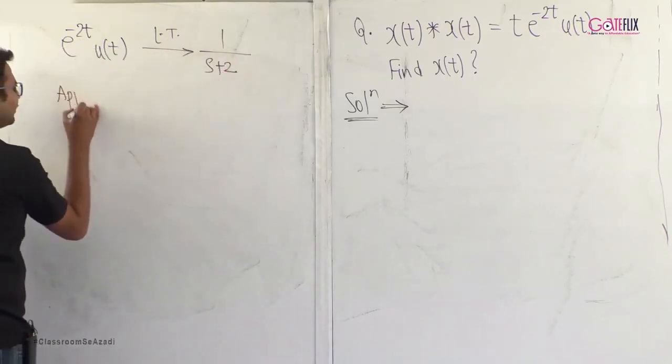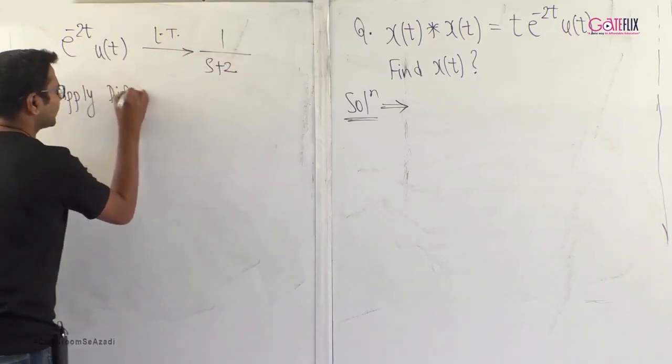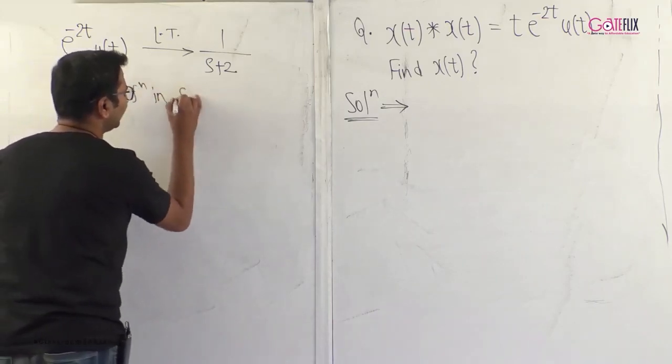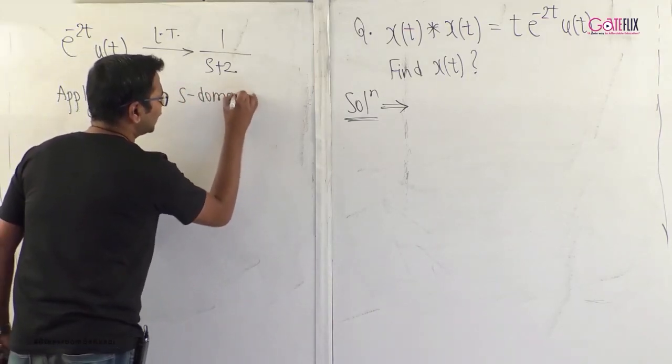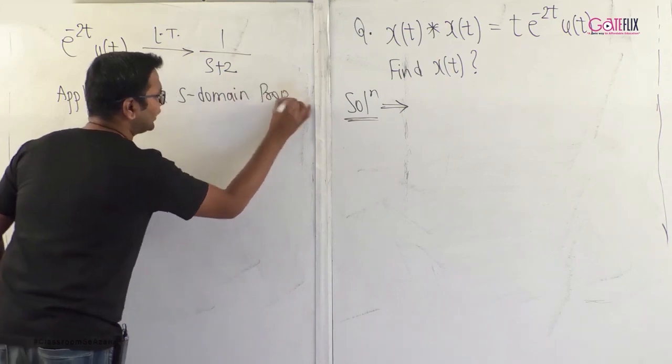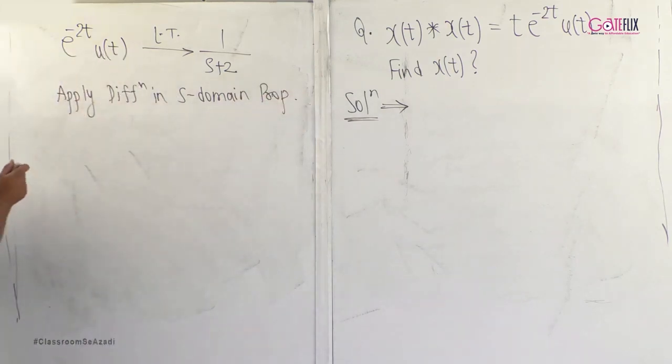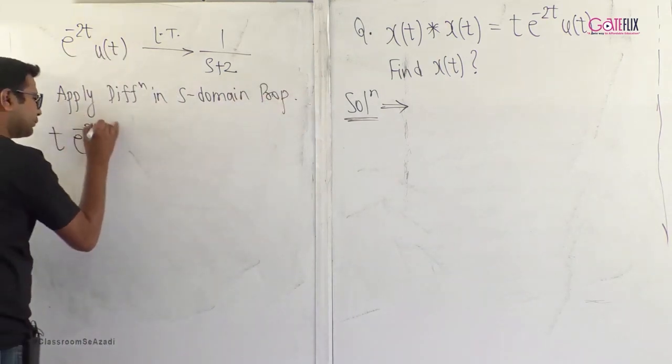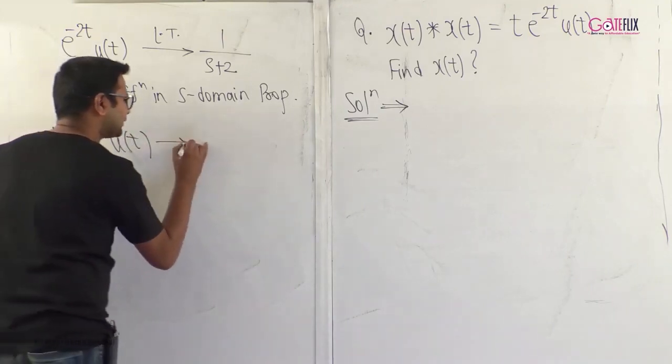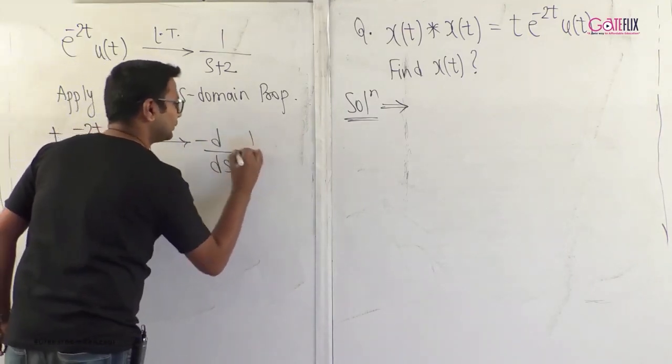We will apply the differentiation in S domain property. In the differentiation in S domain property, if the left hand side is multiplied by t, then the right hand side is differentiated.